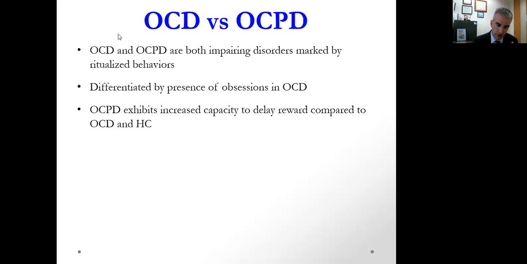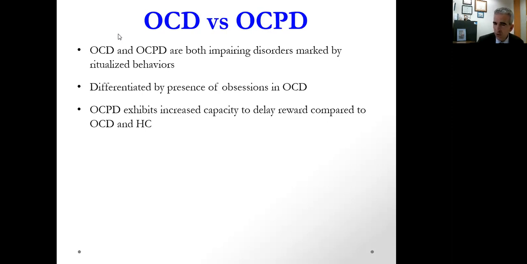So both have a major impact on individuals' lives. Another similarity between these conditions is that they both were marked by ritualized behaviors that had to be done in a certain way. However, the core way in which these two conditions were different is in the presence of obsessions.